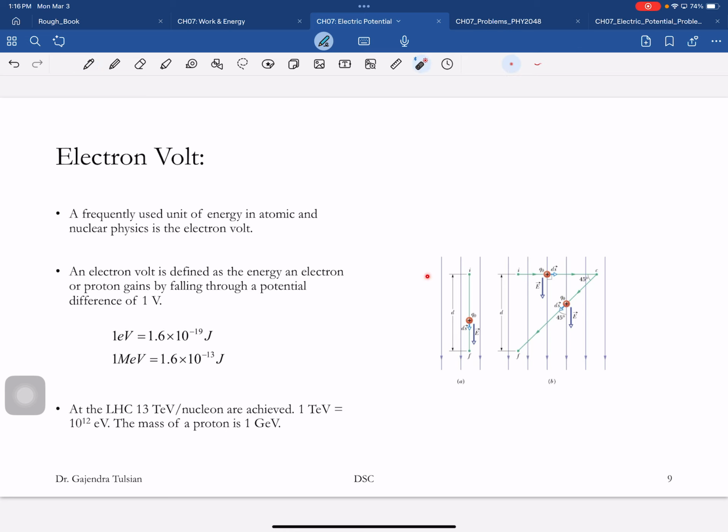All right, so here's an electric field, now that we've done. Okay, so I want you to make sure that you understand this. Electron volt, it's a unit of energy. What other units of energy do you know? Very good, joules, okay.